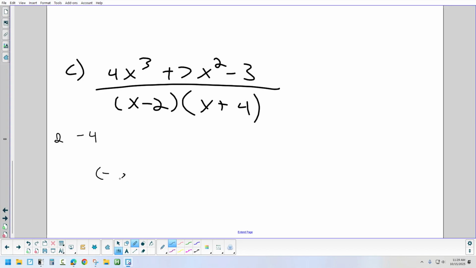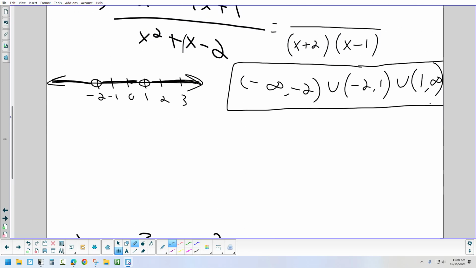Negative infinity to -4, because you just included -4 in the domain. If you include everything between negative infinity and 2, you'd include -4. Or and then 2. So the next interval always has to start where the last one left off. So those 2 numbers will always match each other.